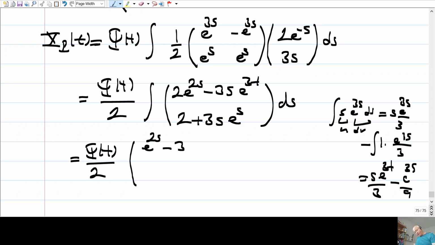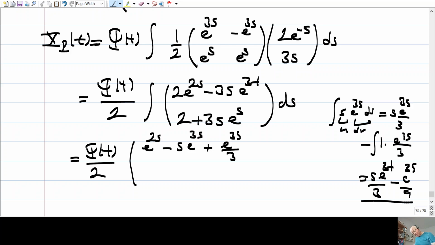Okay, so I have 3 times this gadget. 3 times this gadget will be just s times e to the power 3s plus e to the power 3s over 3, right?